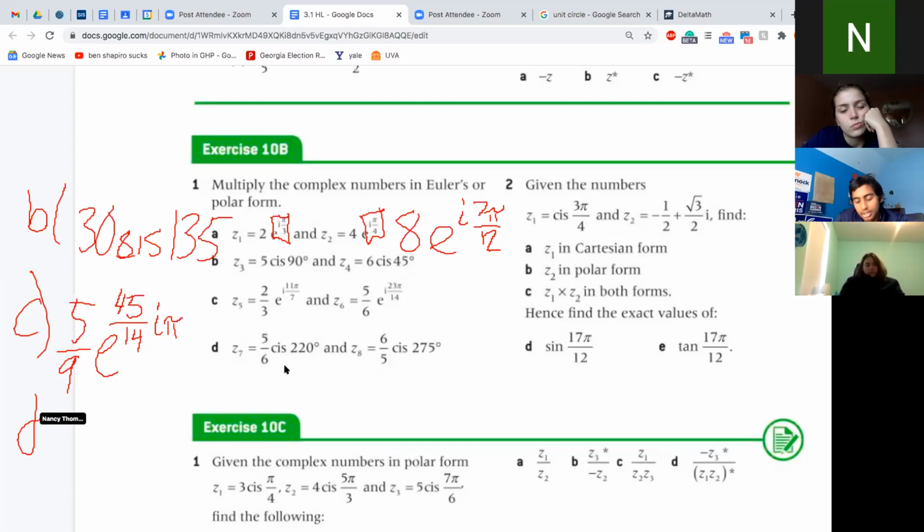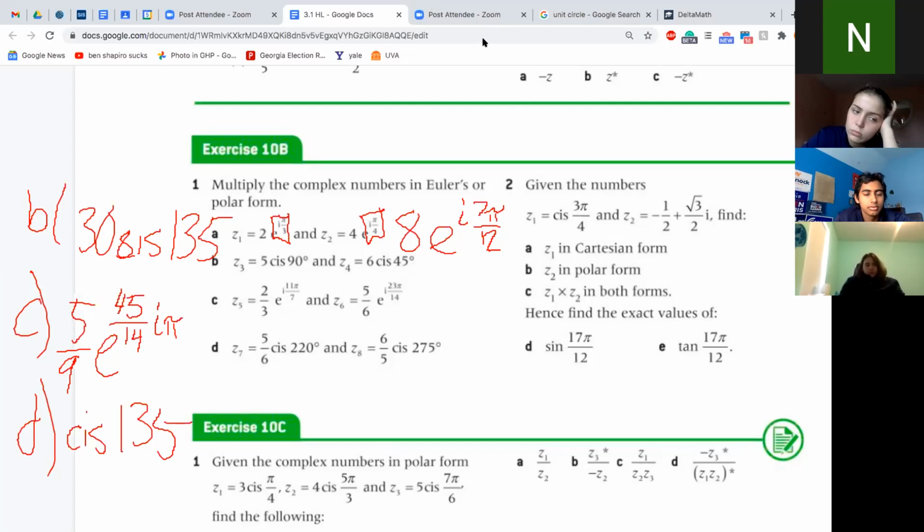And D is just cis 135, because you have 5/6 and 6/5, you get 30 over 30 when you multiply. And when you add 220 and 275, that's 495. So 495 minus 360.